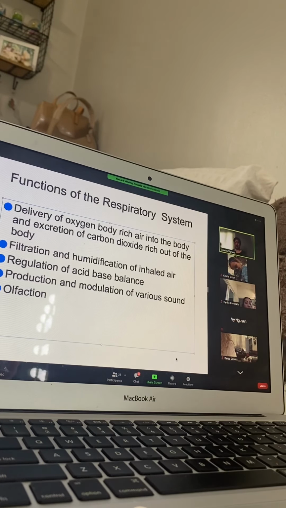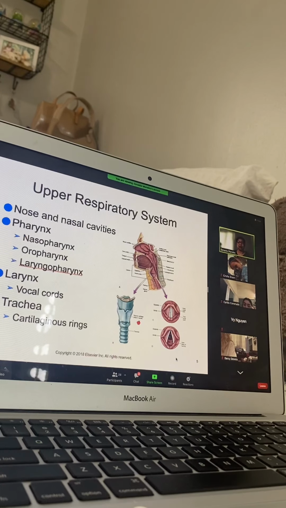And then for humidification of the inhaled air, you have what we call the turbinates or the conchae. This is what you call conchae. And also the blood vessels that flow in the nose, there are a lot of capillaries present in the mucous membrane, and it humidifies the air. It makes the air warm before it is transported to your pharynx.